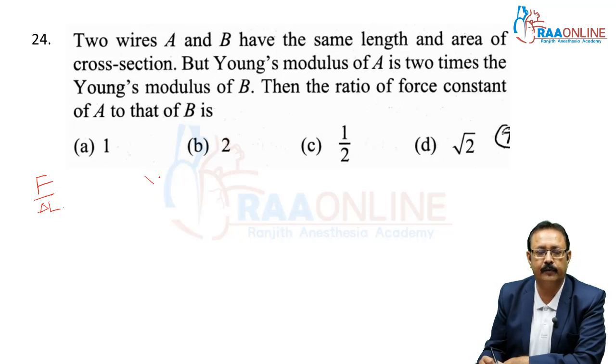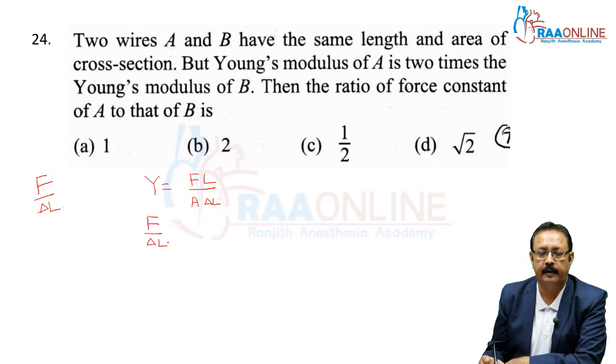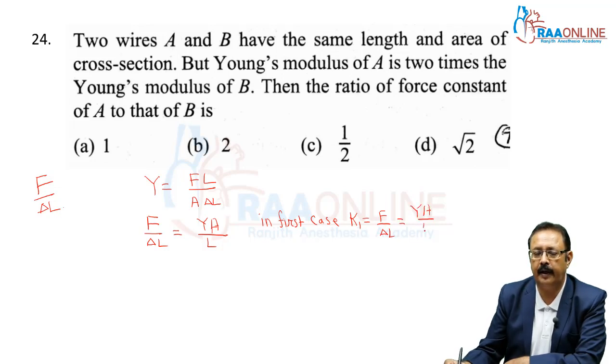We know that Y is equal to FL divided by A delta L. So it means F by delta L should be equal to Y A by L. So now in the first case, I am writing this F upon delta L as K1. It was YA divided by L.